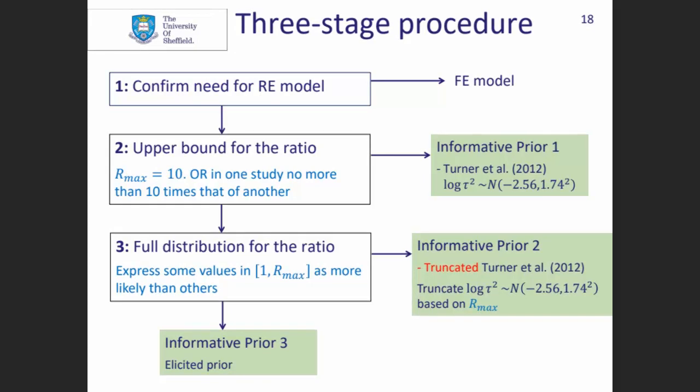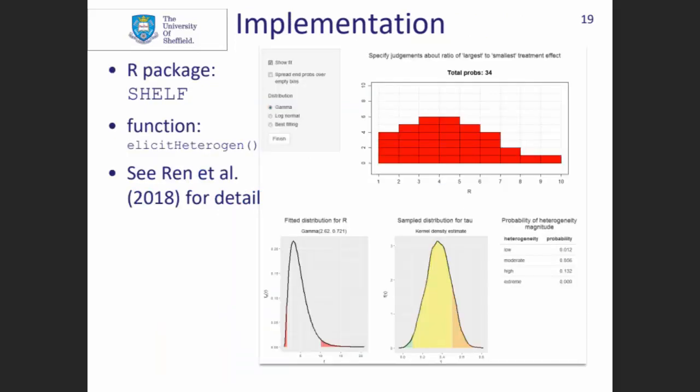And if experts cannot provide the information, then we use a Turner prior. If experts can provide that information, then we ask whether they could provide a full distribution. If they can't provide a full distribution, we use the maximum value for the ratio elicited from the second stage, combining with Turner's prior, and get a truncated Turner. And if they can provide a full distribution, we go ahead with eliciting a prior distribution for tau.